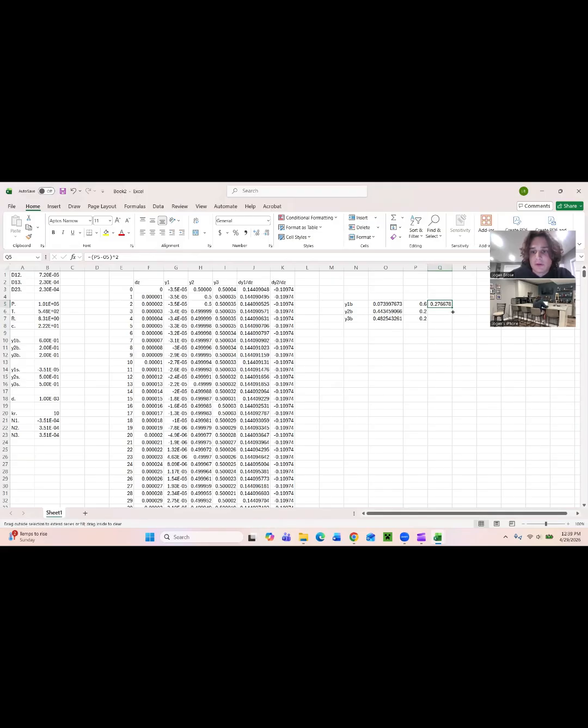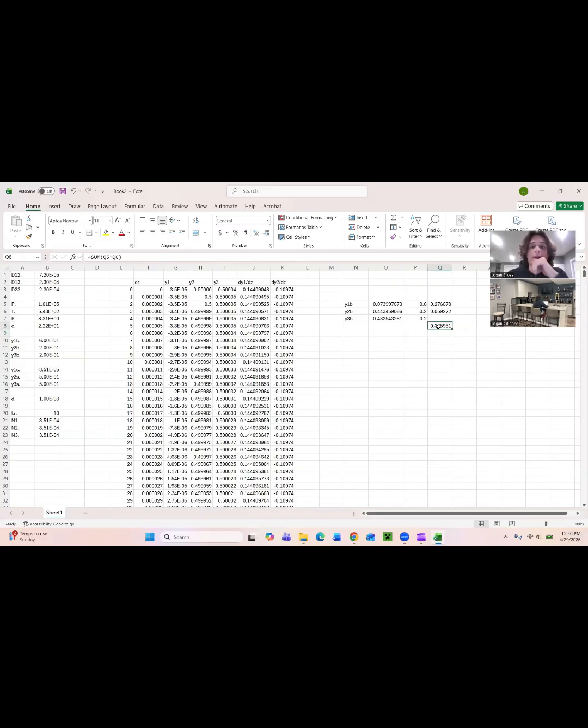And we can do the same for this. And then we can get our sum squared value by taking the sum of these two, right? And what do we want? We want that to equal 0, right?